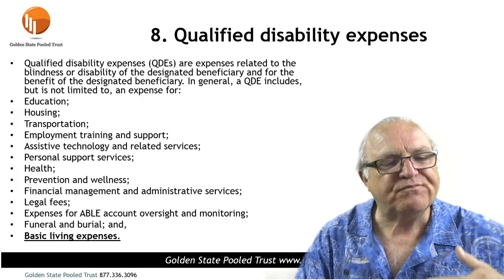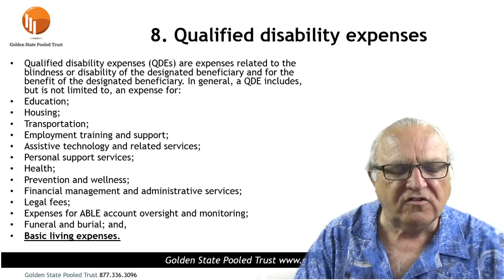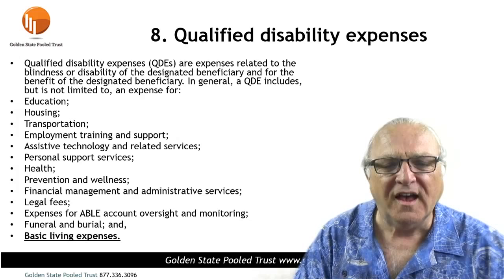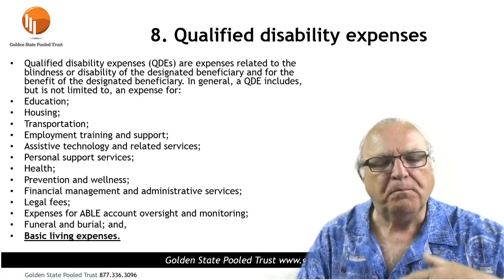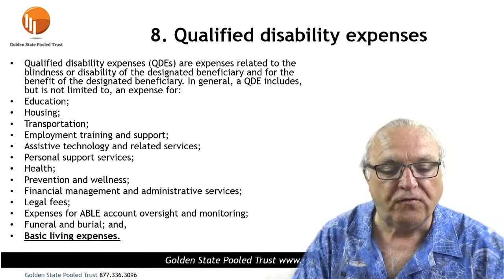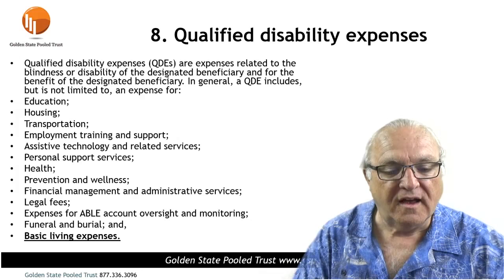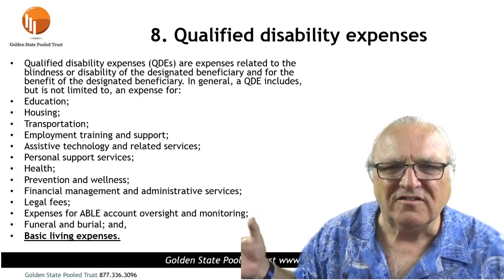Now, this is something that has changed quite a bit. And I won't actually go through every single thing that's a qualified disability expense, because the POMS added one last thing here, which is that it could pay for all those things listed, including housing, which we're going to specifically focus on, but it also added basic living expenses. Now, what isn't a basic living expense?